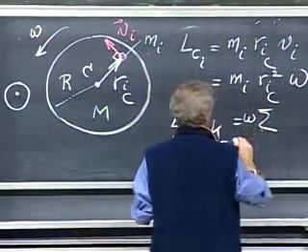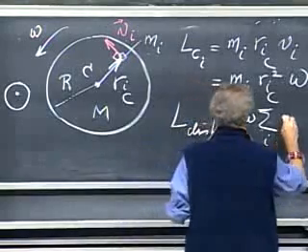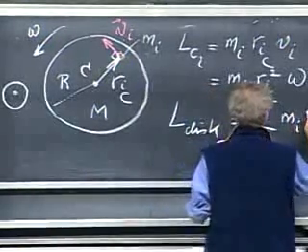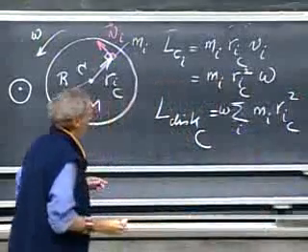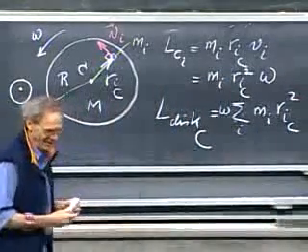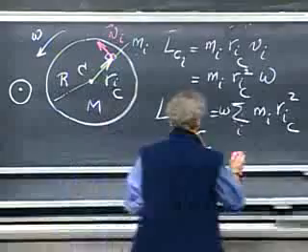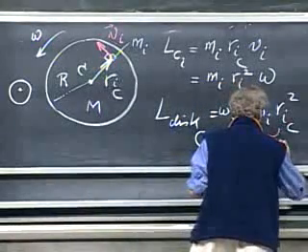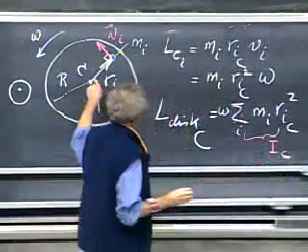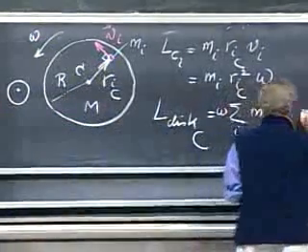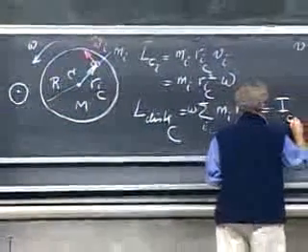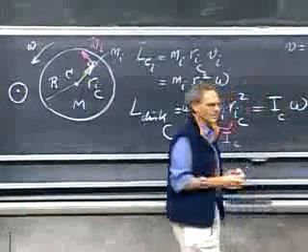I can bring the omega outside, and I would have then the summation of m of I, r of I, relative to that point C squared. And you see immediately, I hope that you see immediately, that this is the moment of inertia for a spin around the center of mass through that point C. And so I can write for this I of C times omega.